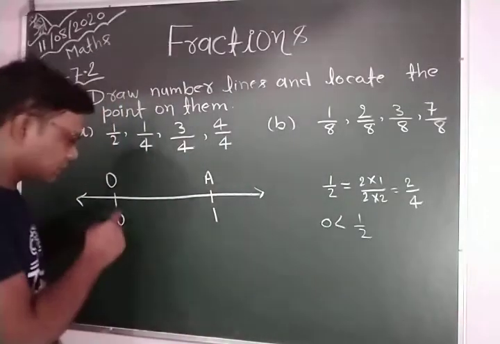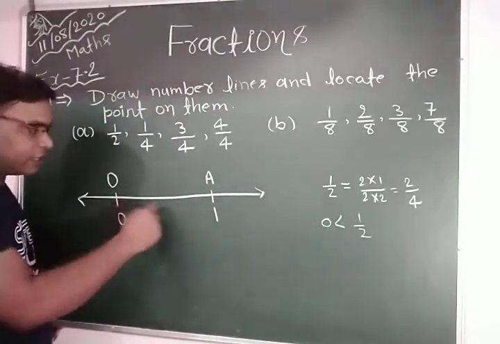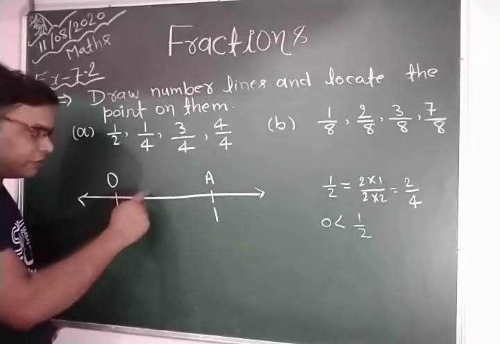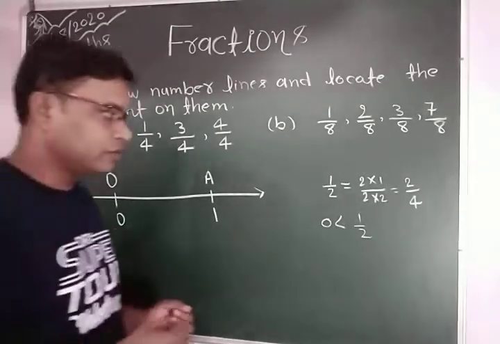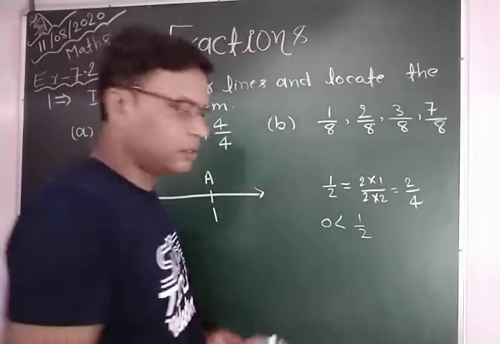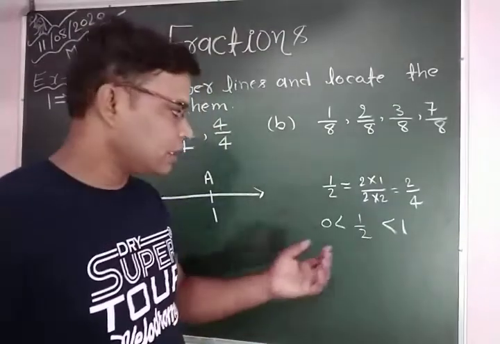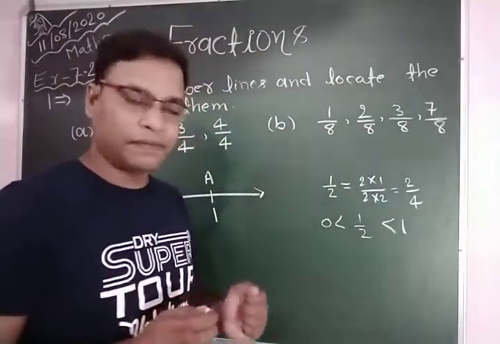1 by 2 lies to the right of 0 on the number line, but 1 by 2 is less than 1. It means that 1 by 2 or 2 by 4 is less than 1.